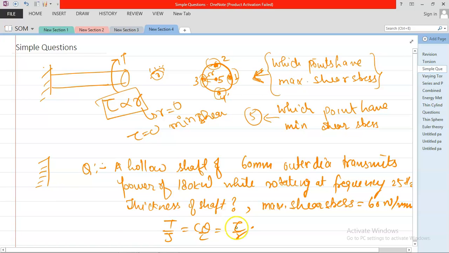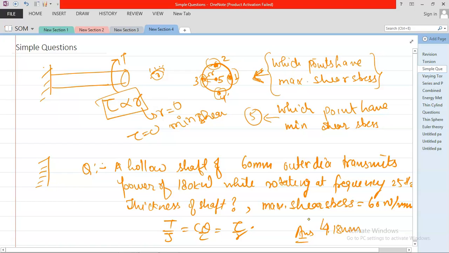Solve the question. I am just telling the answer: your answer is 4.18 mm. 4.18 mm. Don't get confused. I am giving you 1 minute, 2 minutes.